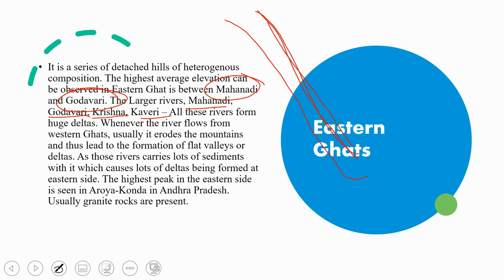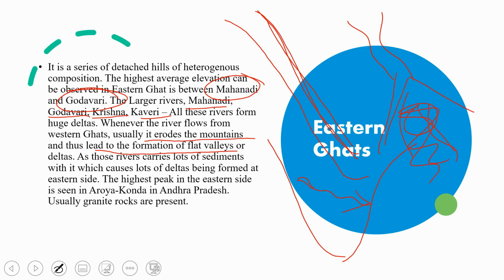Deltas are landmasses created as a river flows, so there will be huge deltas. Whenever a river flows from the Western Ghat, it usually erodes the mountain and leads to the formation of flat valleys or deltas. In the peninsular part, maximum rivers flow from the Western Ghat to the Eastern Ghat.